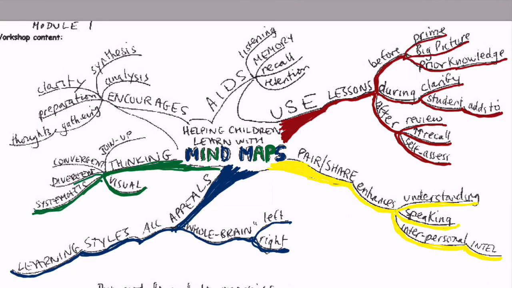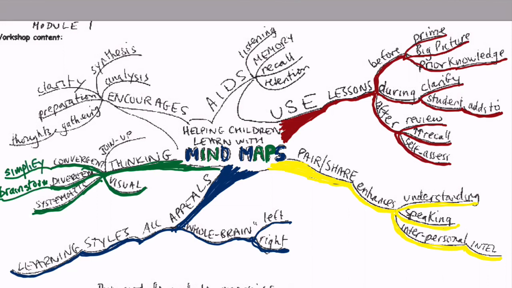One is divergent, where they appreciate how they can start with relatively little and use the mind mapping principle almost in what people have called a brainstorming mode to be divergent with thinking and come up with fresh ideas. But more importantly, mind mapping is really great at converging thinking. So taking complex ideas and using the mind mapping principles to actually simplify those ideas, converge them into the essence of a topic, for example.